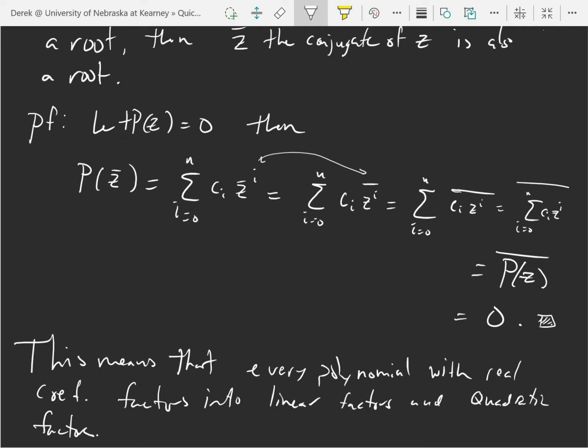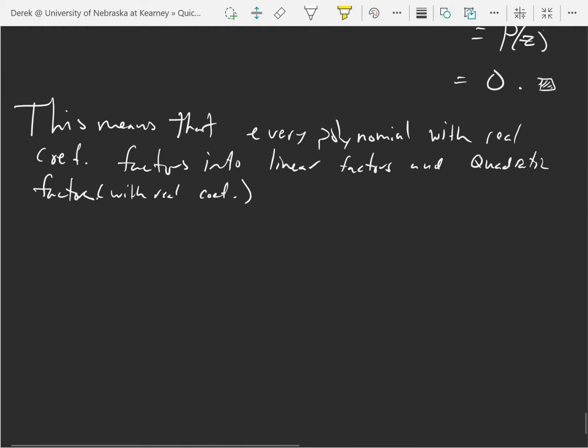I don't get any cubic factors, I don't have to have any quartic factors or anything like that. These should be factors with real coefficients. Okay, so let's maybe show that statement.